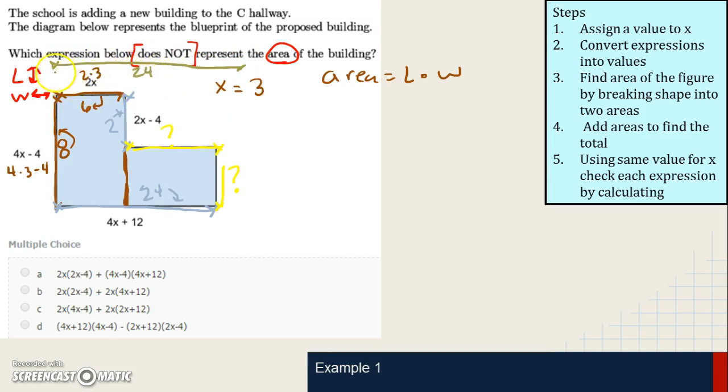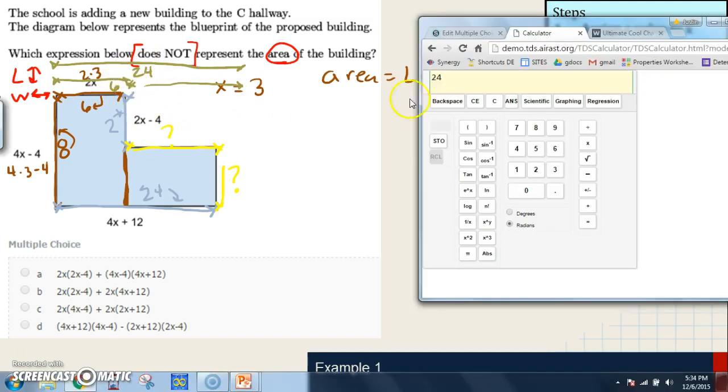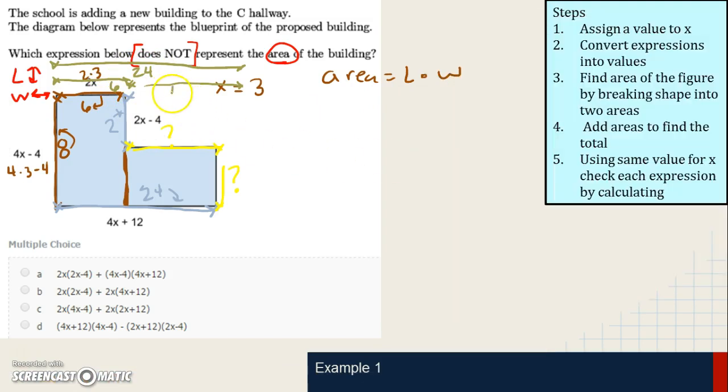And from right here to right here, this little piece is 6. So what is this missing piece? What number plus 6 gives us 24? We'll just take the total minus the little part. So 24 minus 6 equals 18. So we know that this is 18. So we can say that this width right here is 18.